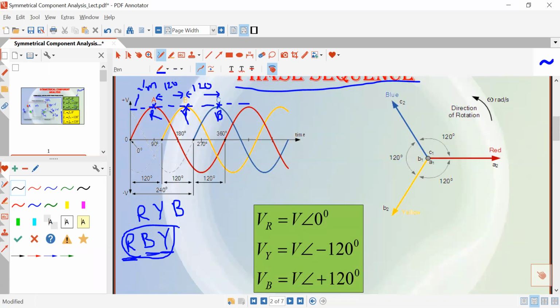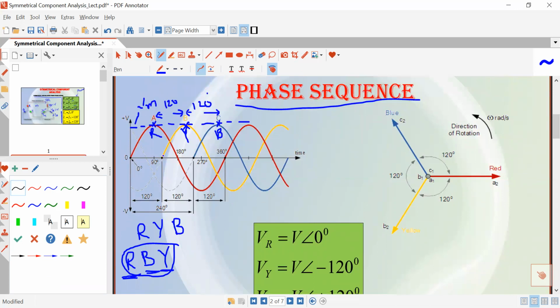And the other important point which I covered in the previous lecture is the interval or angle difference after which one phase attains its maximum, or before which one phase attains its maximum. This angle is called phase difference.